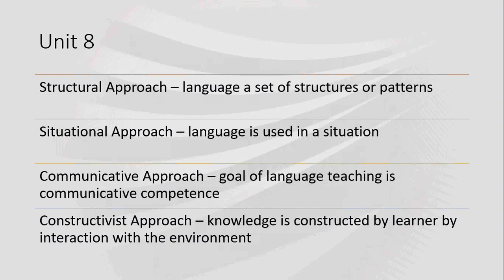For the last unit of our class today, we'll quickly look at the different approaches. What are the different approaches in language learning, and can these approaches be applied in our own classroom situation? Each one of these has its own merits and demerits.